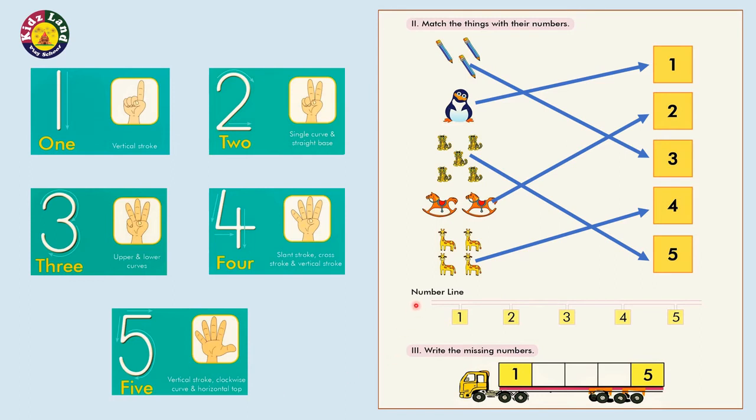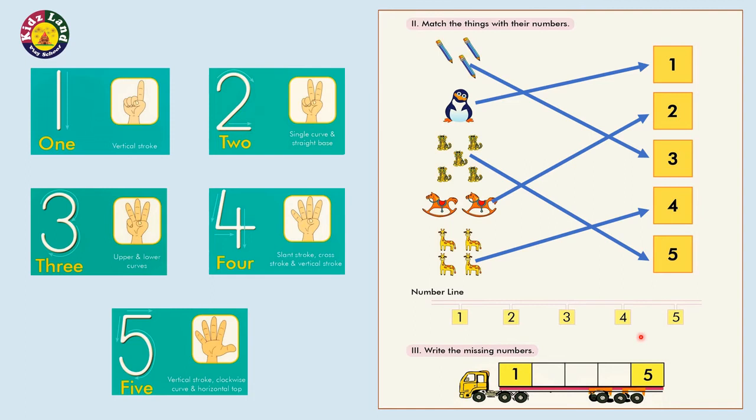Next, here I have to explain. It's the number line. I'm going to introduce you to the number line here. Let's see. We can see a line and at the same time the numbers 1, 2, 3 and 4. Here, from where to where your counting goes is more important in the number line. The number line shows ascending order.